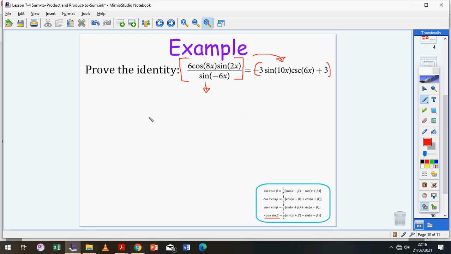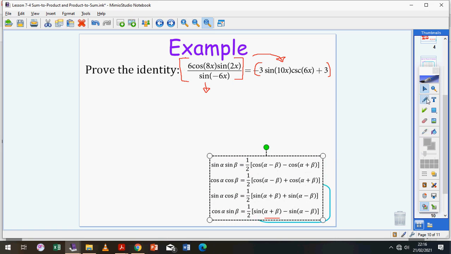So first of all, in the numerator of this expression, I have a product that I need to turn into a sum, because that's the first thing I see. So I'm going to use the product to sum formula, and it's a product of cosine and sine. It's going to break down into half sine sum of the angles, plus sine difference of the angles. I'll put the 6 on the outside because that will deal with the half later.